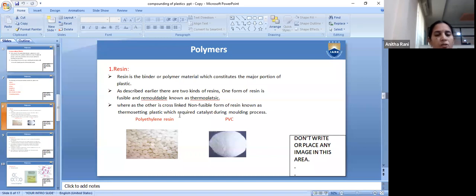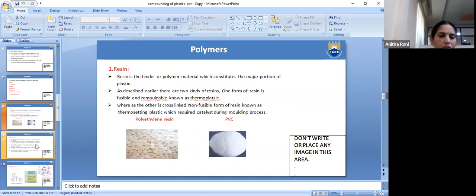To that we add the catalyst hexamethylene tetramine. When we add the catalyst, we get a cross-linked structure. So the cross-linked non-fusible form of resin is known as thermosetting plastics, which require catalyst during the molding process. So resins are of two types, thermoplastic resins and thermosetting resins. For example, polyethylene resin, polyvinyl chloride, that is the resin.